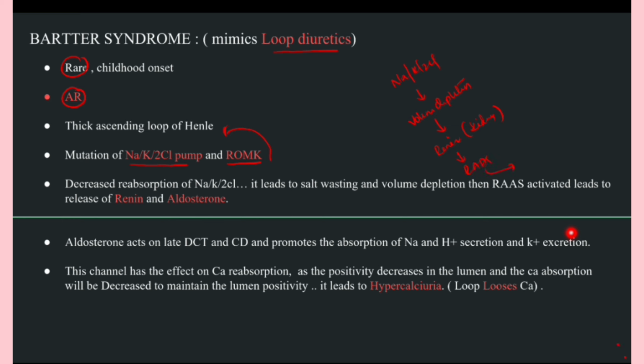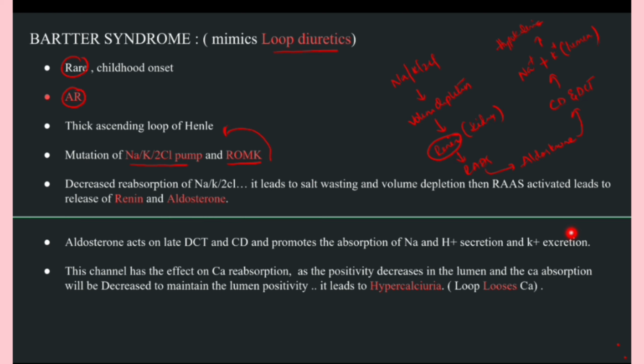The RAS mechanism leads to aldosterone release from the adrenal gland, and this aldosterone acts on the collecting duct and DCT to reabsorb sodium into the cell and throw out potassium into the lumen. In that way hypokalemia is present.